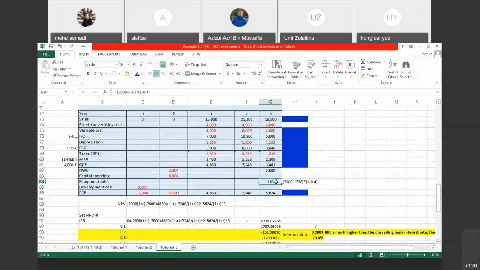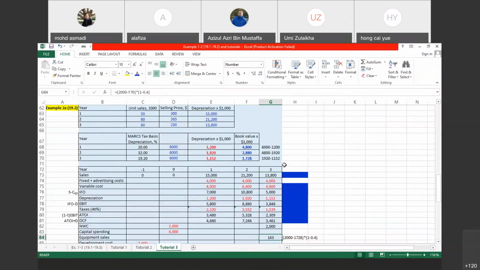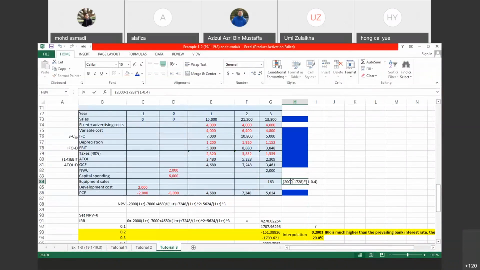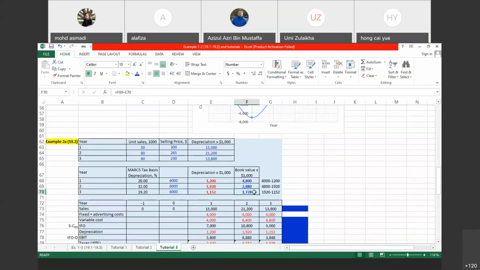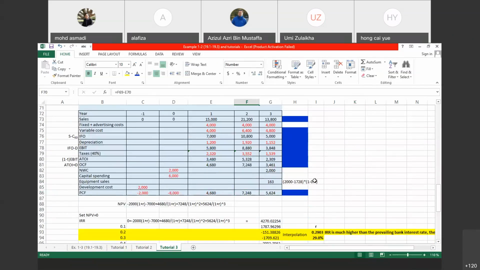So to calculate the equipment sales, this one is 2 million, and the value of 1728 is obtained from the book value. Then multiply by 1 minus the tax rate, so that we get the final equipment sale, 163. That's how to calculate the equipment sales.